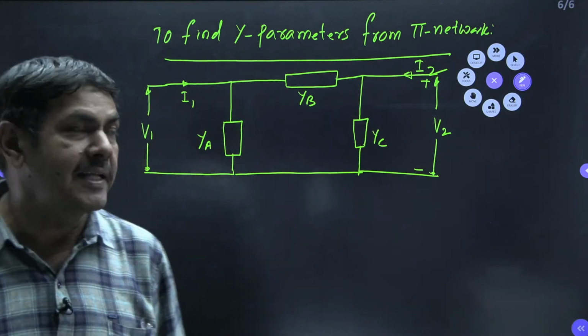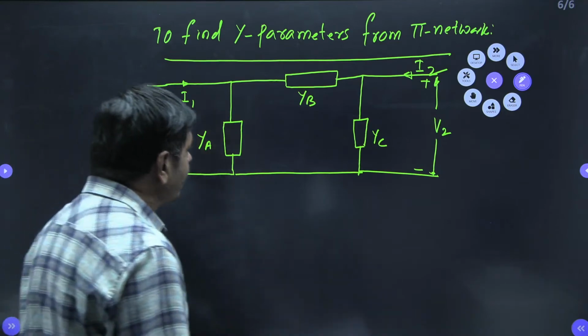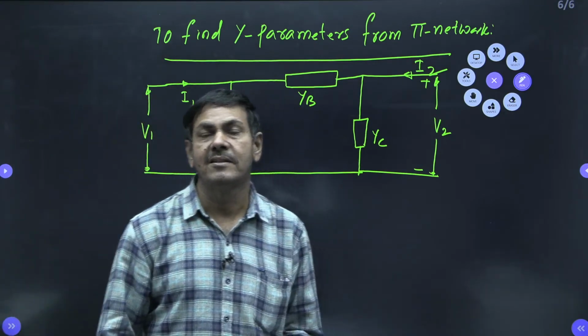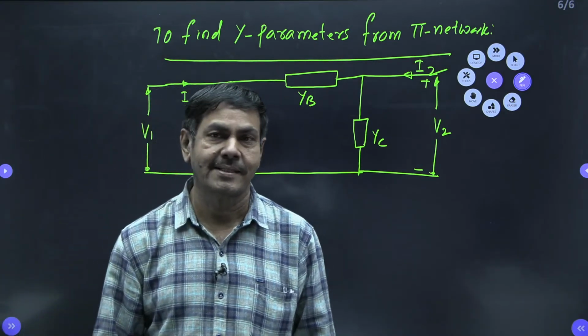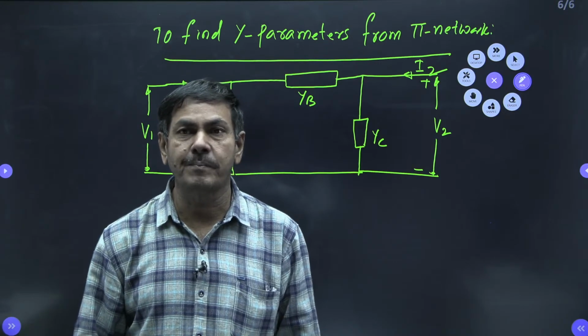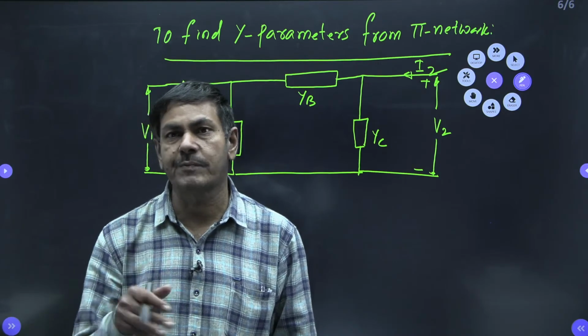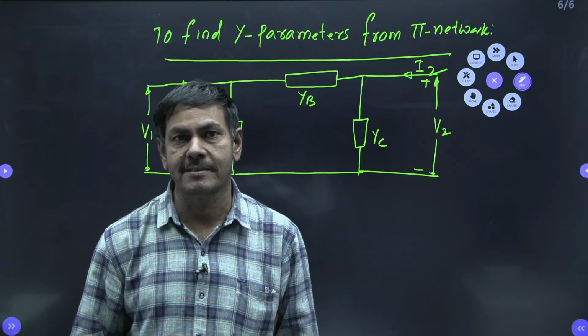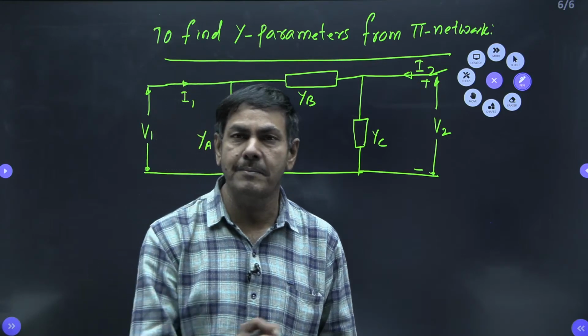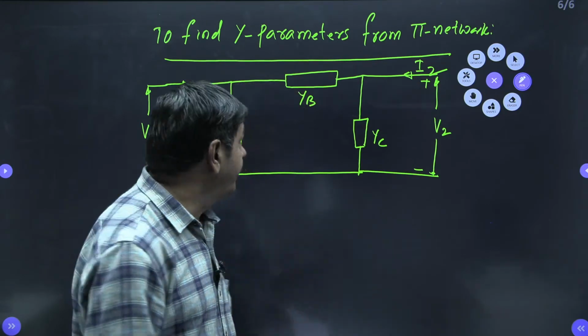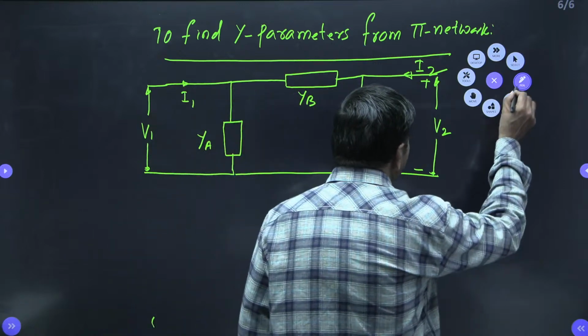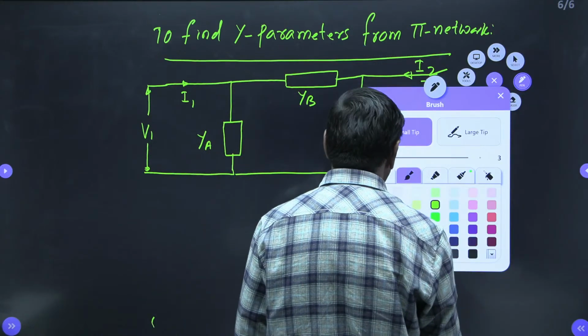By using this pi network, we need to find the Y parameters. What way can we find? We need to use the nodal analysis. In the previous case, by applying mesh analysis, we got the Z parameters. But if you want to find the Y parameters, you need to apply the nodal analysis here now.